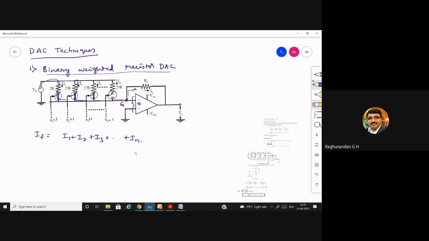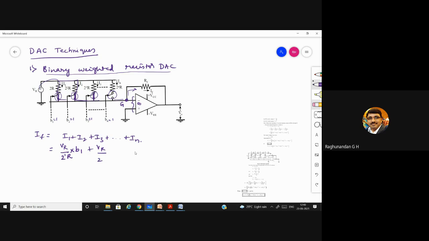Now to this, each individual current, we are going to substitute its voltage and resistance equivalent. So I in terms of voltage and resistance means V by R. So I1 is equal to VR by 2^1 R. This will be multiplied by its corresponding bit B1.